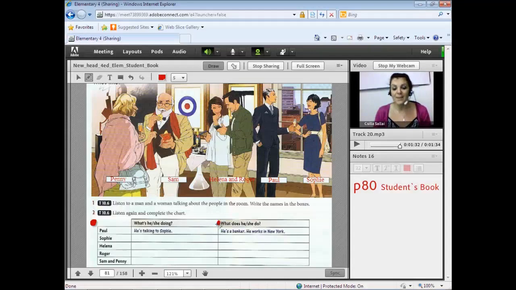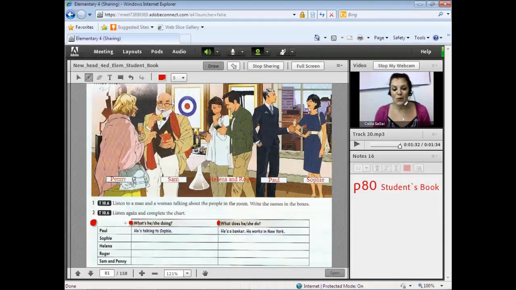As simple as that. Okay? So be careful. Exactly. The first one is about what he or she is doing at the moment, and the second one is about that person's job. What they do in general, all the time, or sometimes, depending on their job.